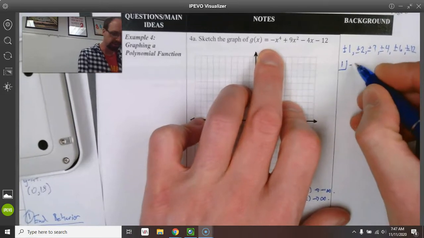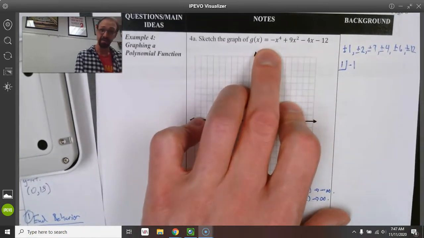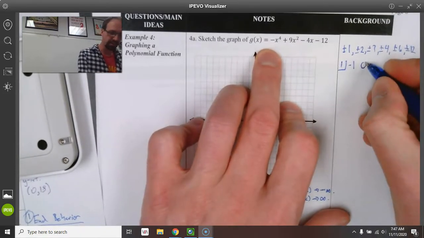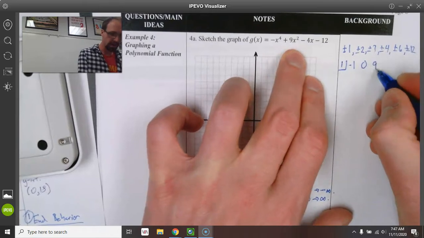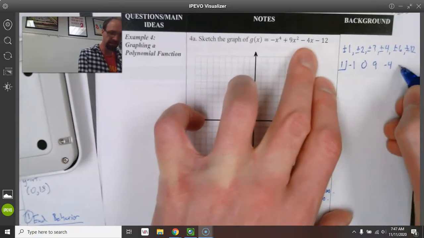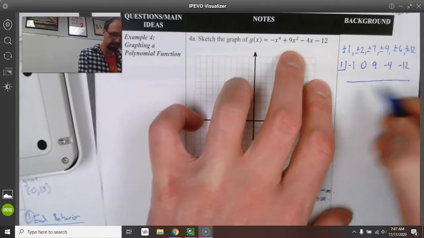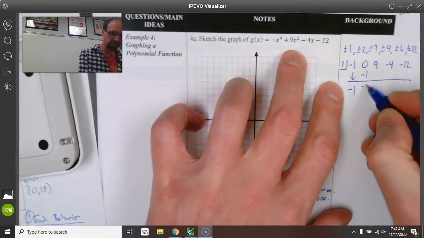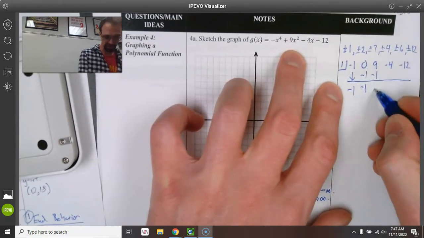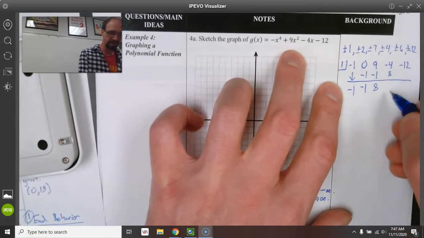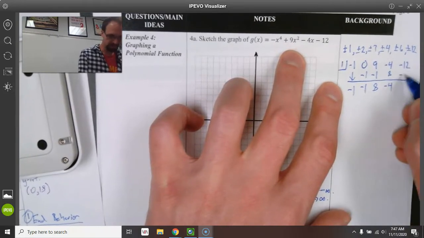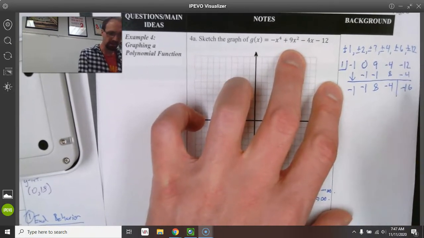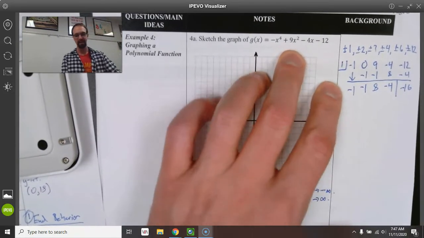My leading coefficient is negative 1 for x to the fourth, 0 x cubed, which is something a lot of students miss, 9x squared, negative 4x, and then negative 12. Bring down the negative 1. Negative 1 times 1 is negative 1, negative 1, negative 1, 8, 8, negative 4, and I get a remainder. So this one is not going to work.